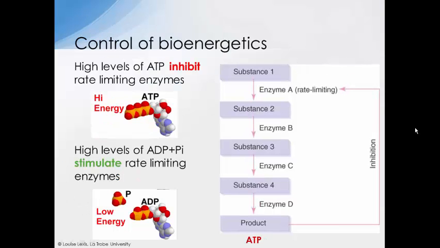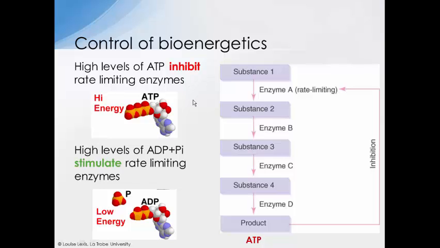So a little bit more on the control of bioenergetics. So what that's really meaning is, how are we controlling the rate of these metabolic pathways? And a key point to start with is the rate limiting enzyme in a pathway and the product. And again, for our example, we'll focus on ATP.